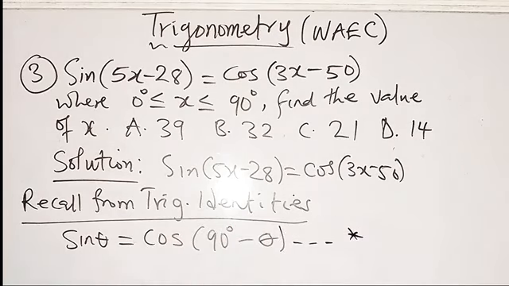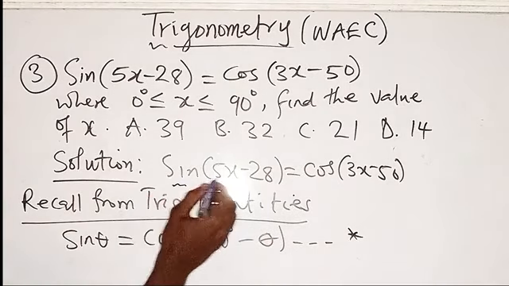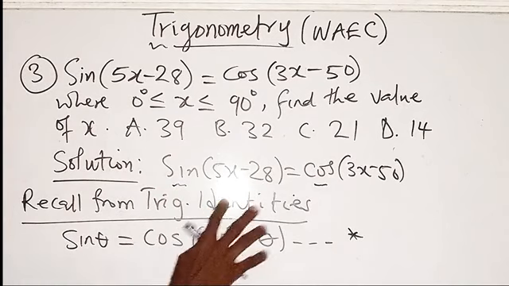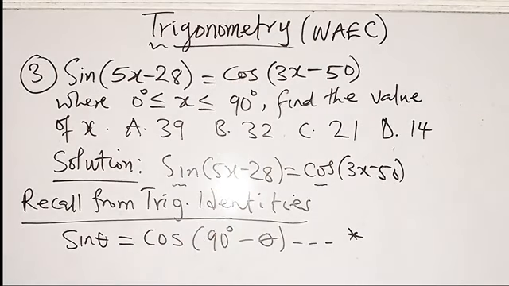So take note of this, because this is what we are going to be using. Now, using this, we try to compare with this, because you can see we have sine here, we have cos here. So we can compare this with the identity given here.